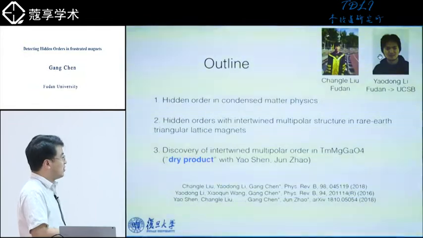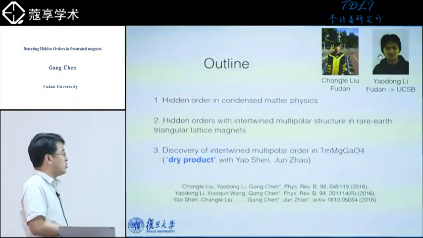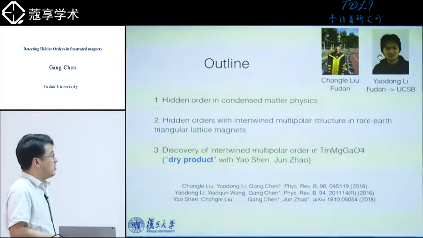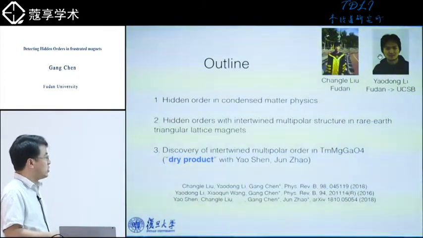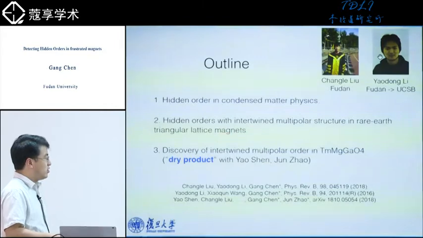So the outline is as follows. First, I'll give some very simple nomenclature introduction to hidden order in condensed matter physics, and then go to the specific context of rare earth magnets and introduce the idea of hidden orders with the intertwined multipolar order structure in this kind of system.